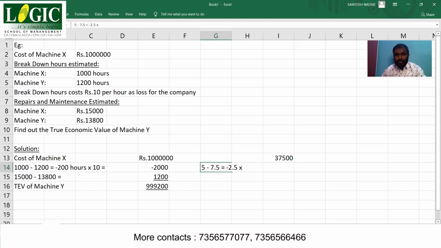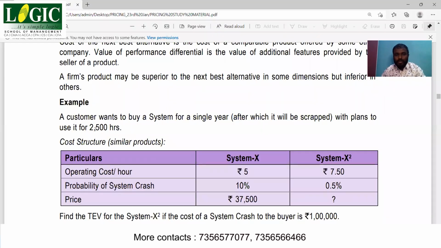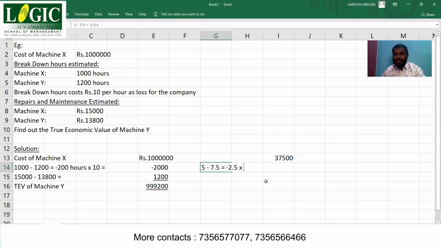Multiplied by the total number of operating hours, 2,500, that is 2.5 into 2,500. My customer has to incur 6,250 more than system X. Since he is going to incur more, I will allow him a discount from the price.